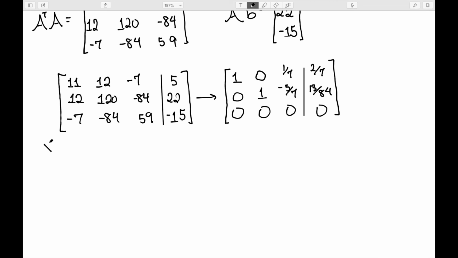My equations: x1 plus 1 over 7 x3 is equal to 2/7. x2 minus 5 over 7 x3 is equal to 13 over 84.